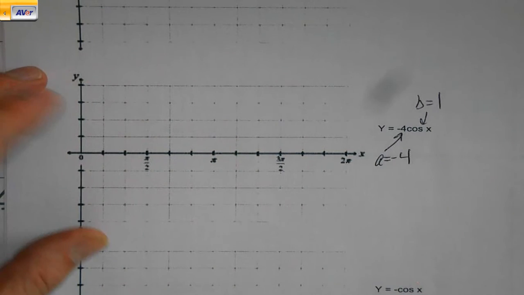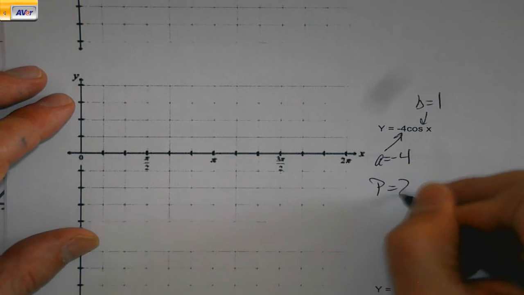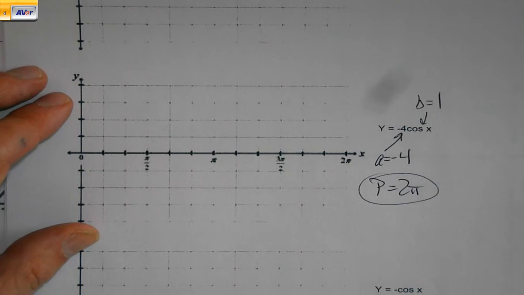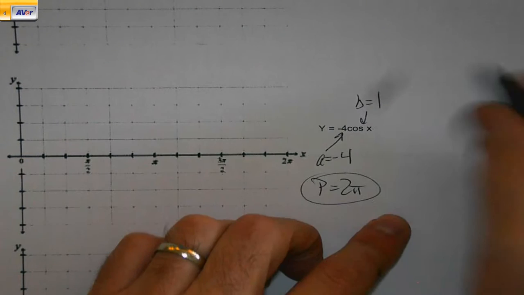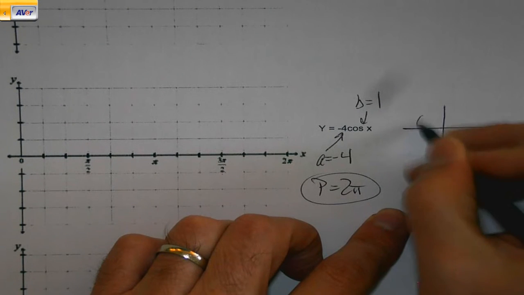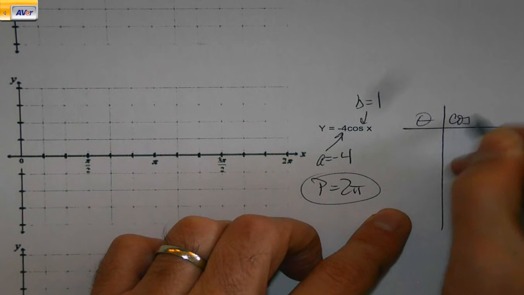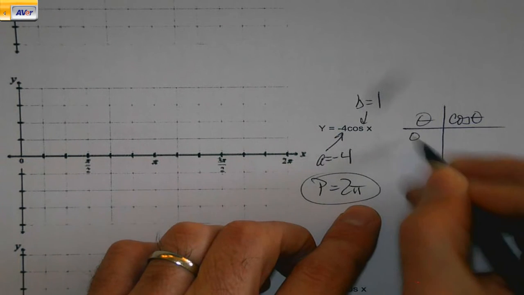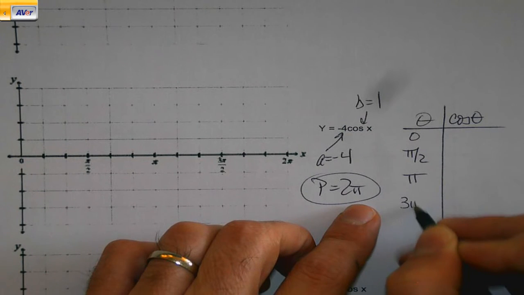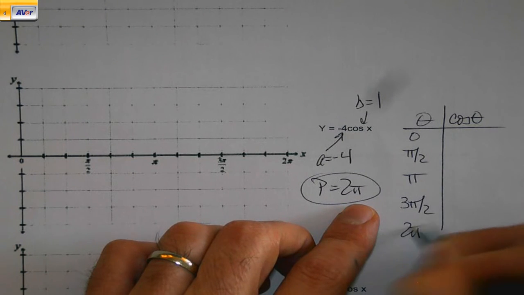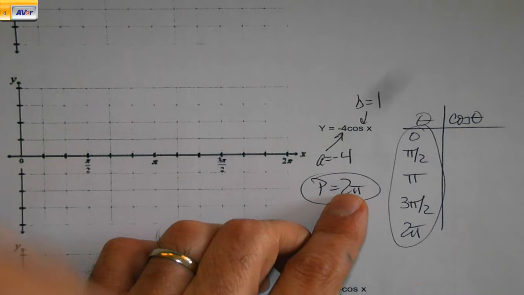There's nothing there. So my period is just going to be 2 pi. Well, that's nice. These are already labeled for me now. How convenient. So we know these aren't going to change at all because dividing by 1 doesn't change anything. So this part is done.